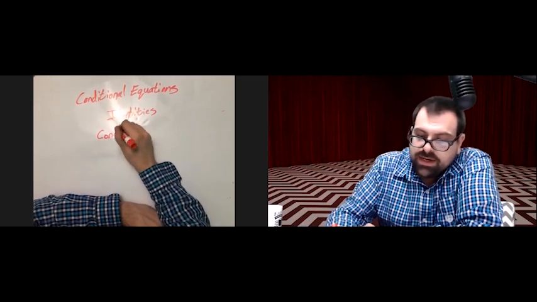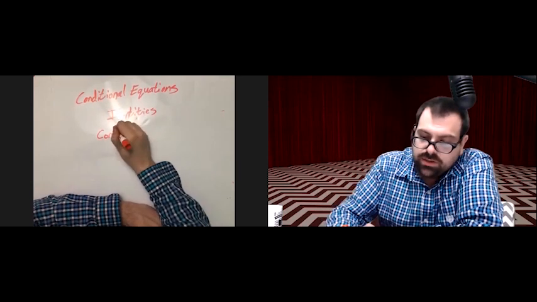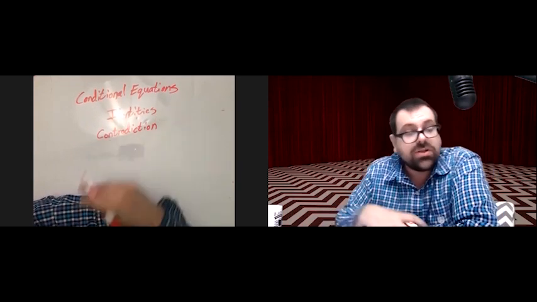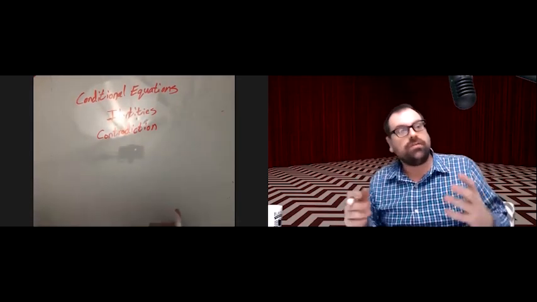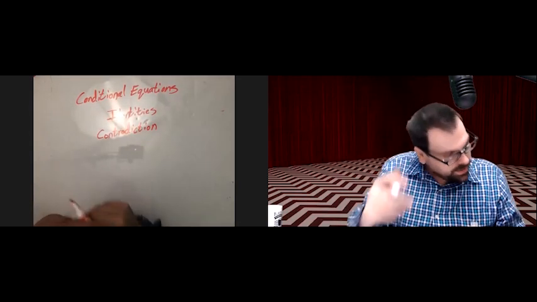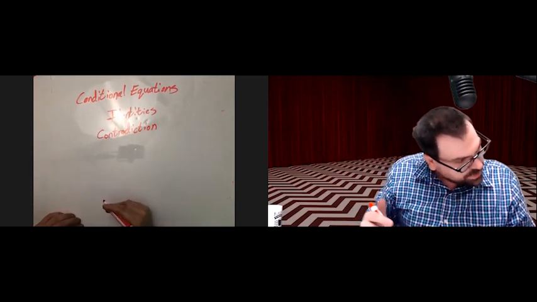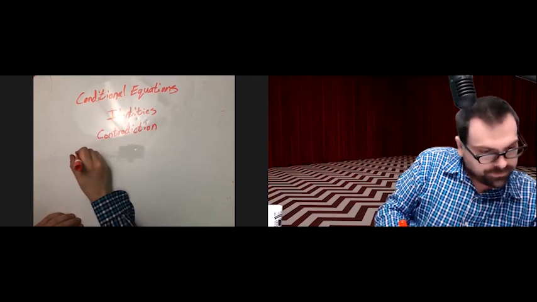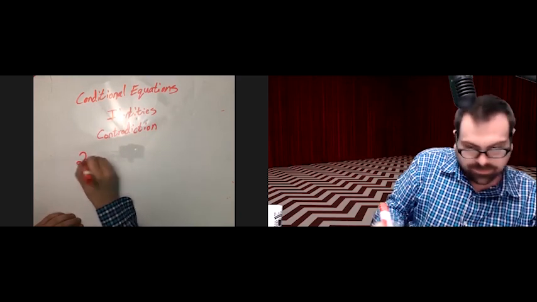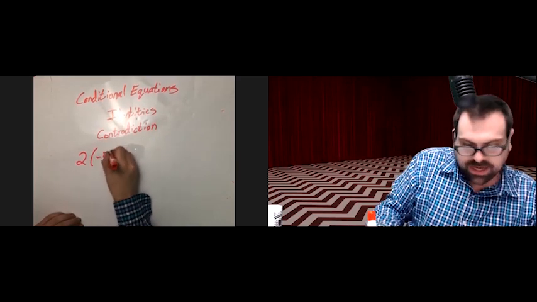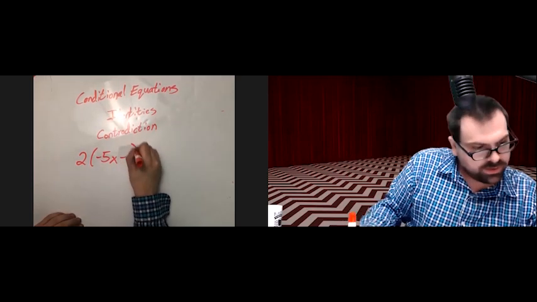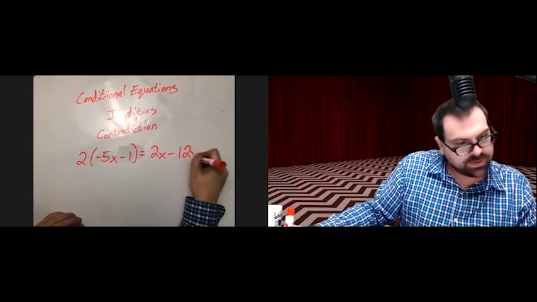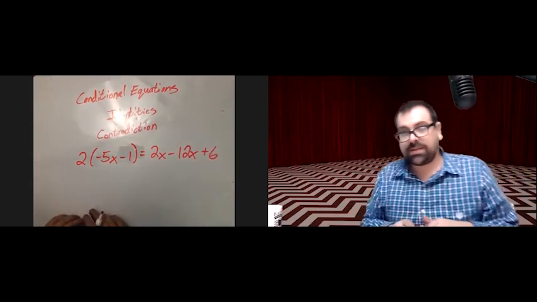The opposite of an identity is a contradiction. In other words, you'll get something that is never true. For example, 2 times -5x minus 1 equals 2x minus 12x plus 6.